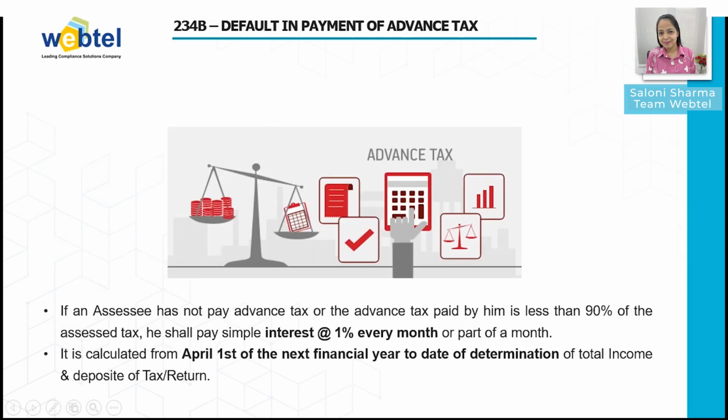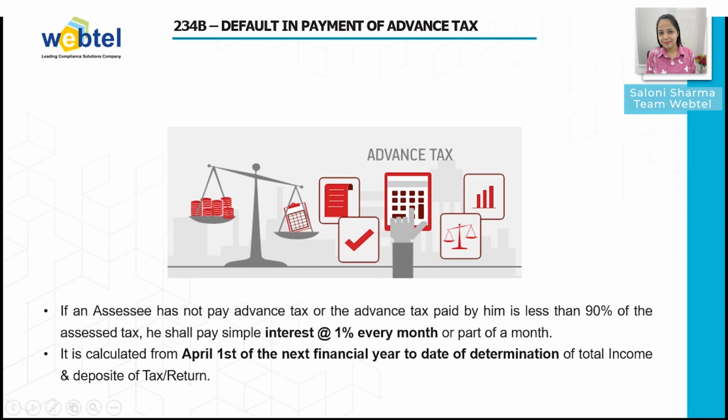Now let's talk about 234B, default in payment of advance taxes. In what criteria do we need to calculate 234B, or in which criteria would our 234B interest be calculated?